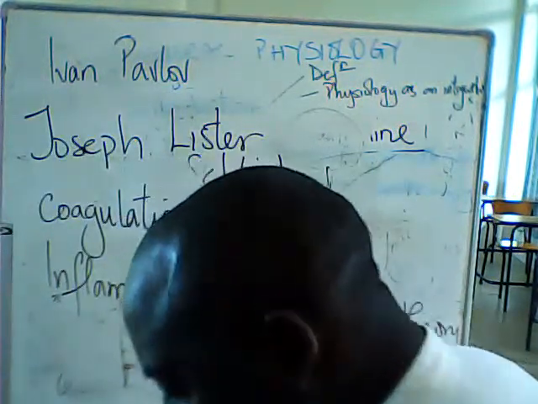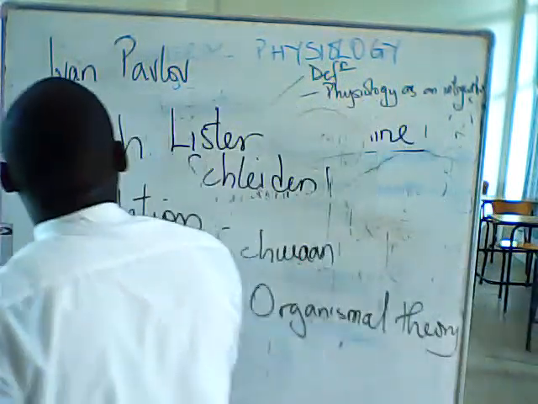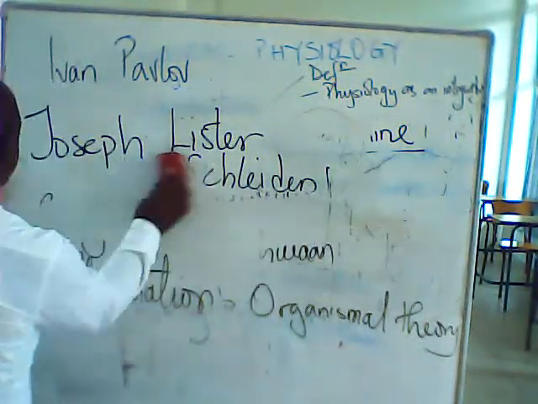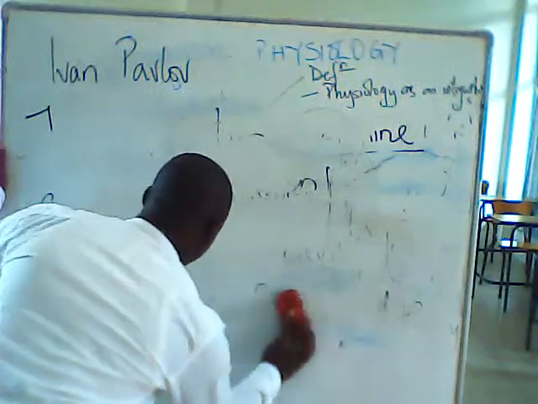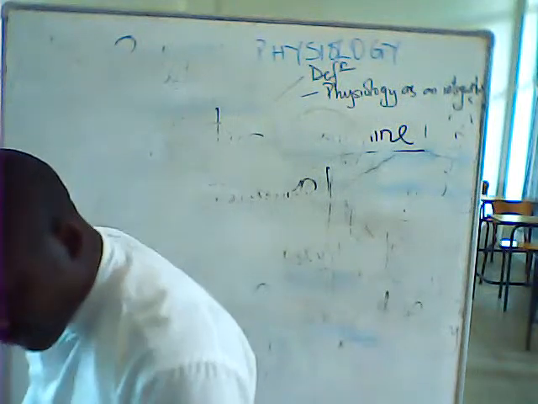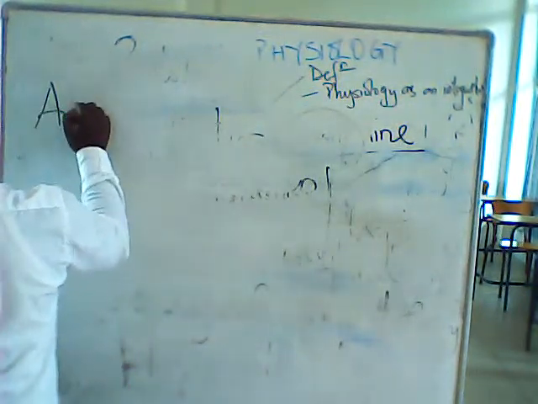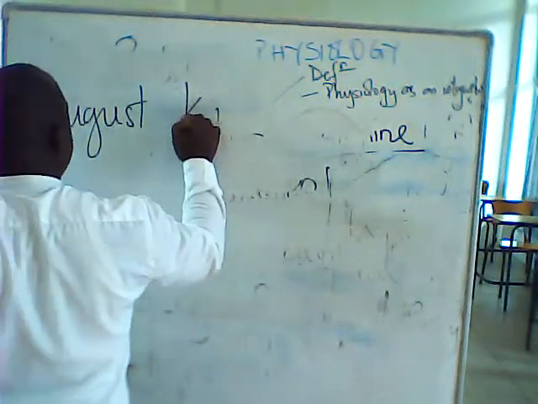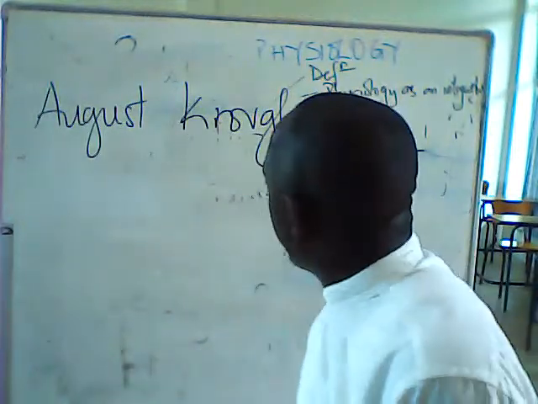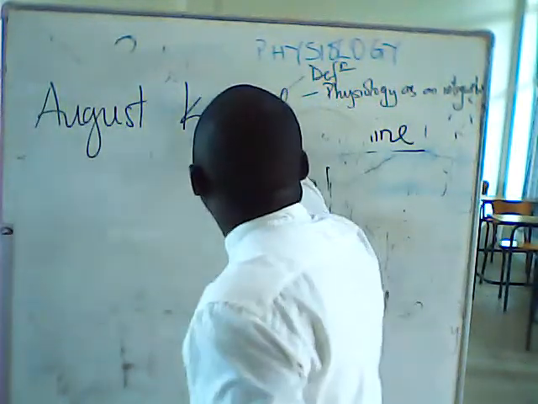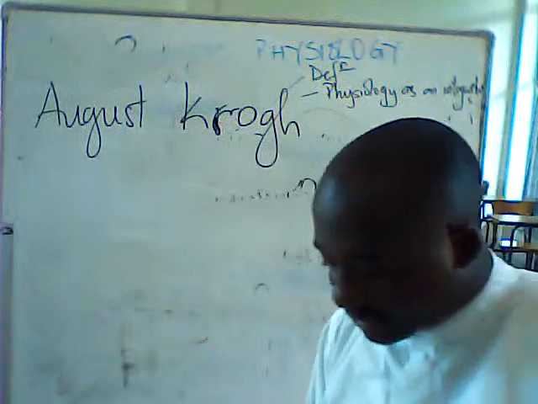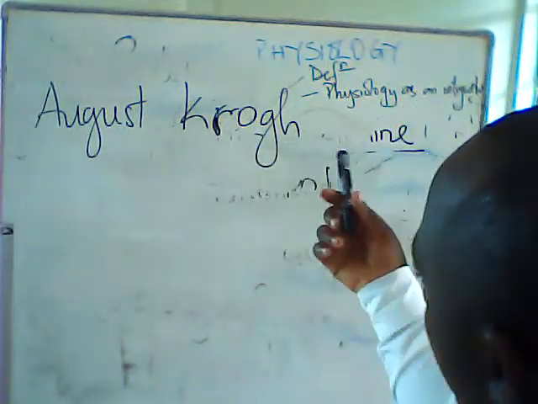Okay, then in 1910, August Croft. It is an African name, so that is how it is pronounced.